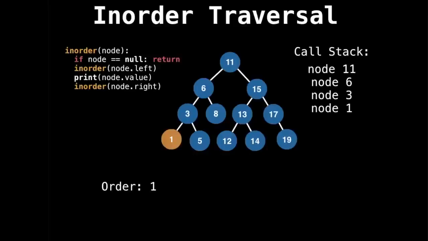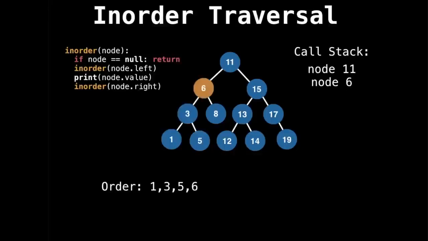If I'm a leaf node, like I am now, 1 is a leaf node, then I've already explored the left subtree, if you will. So I can print the current value, then I recurse, and then I print 3 because I've explored 3's left subtree. Now we can go right, and I've explored both subtrees, so I can print 5, and I recurse.